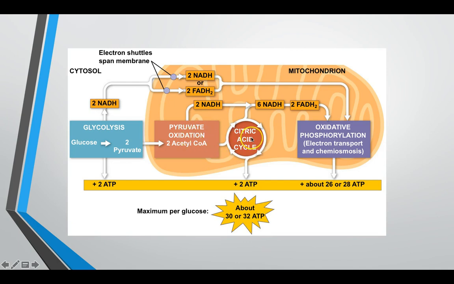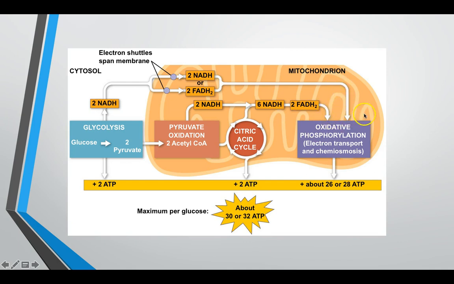For each one of these that enters, you're going to have a total of 3 NADH, 1 FADH2, and 1 ATP. Since this process happens twice for every glucose molecule, we're going to net 6 NADH molecules, 2 FADH2 molecules, and 2 ATP.